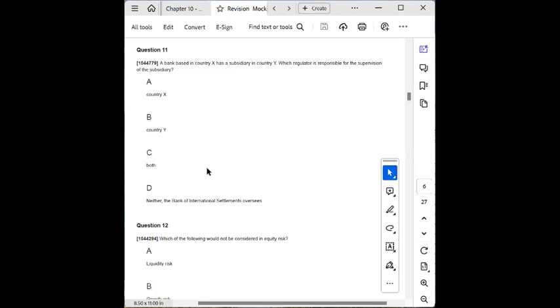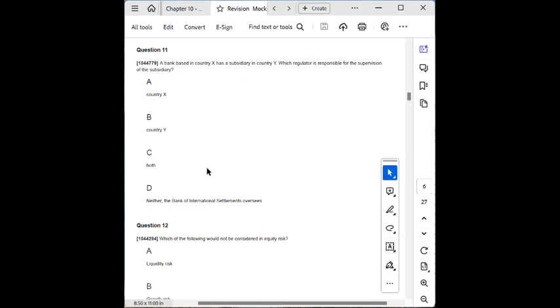Both regulators are responsible because the parent bank's regulator is responsible for the overall operations, that is both the parent company and the subsidiary.